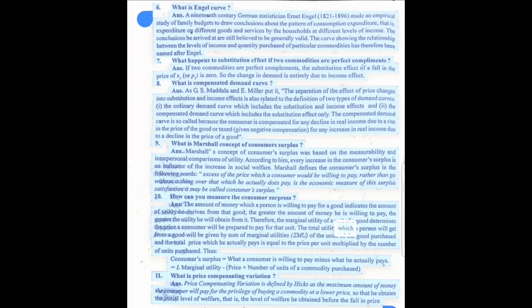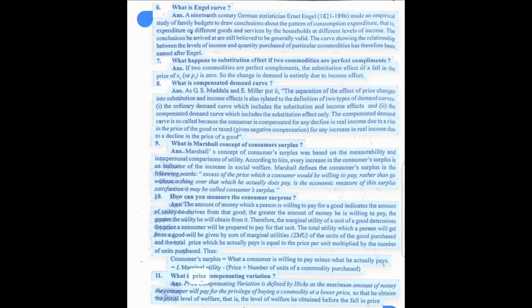The total utility which a person will get from a good will be given by the sum of marginal utilities, MU, of the units of the good purchased, and the total price which he actually pays is equal to the price per unit multiplied by the number of units purchased. Thus, consumer surplus equals what a consumer is willing to pay minus what he actually pays, equals the sum of marginal utility minus price times number of units of a commodity purchased.